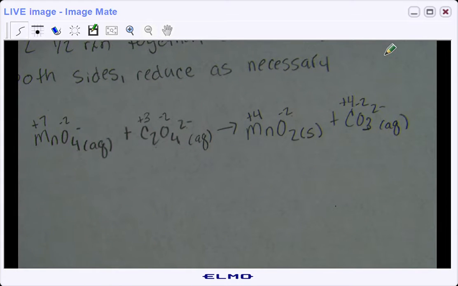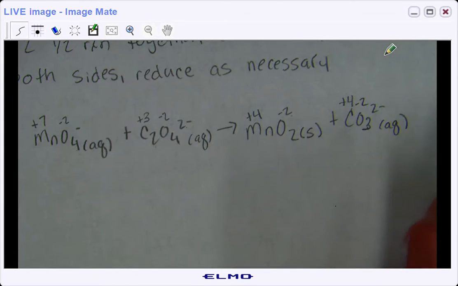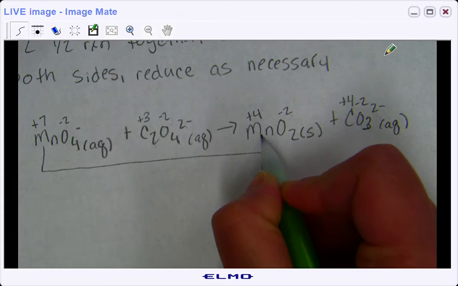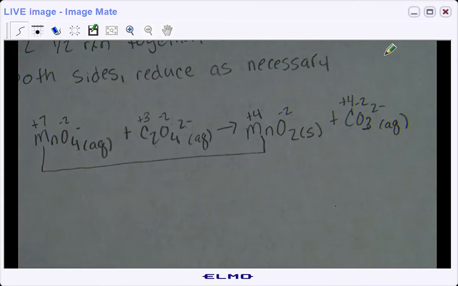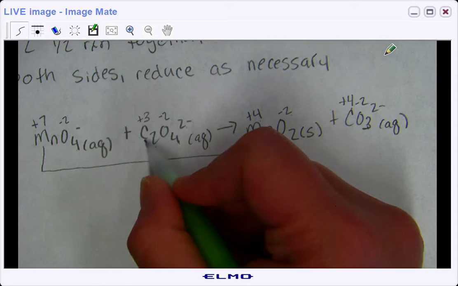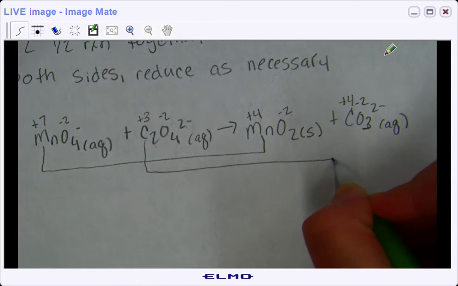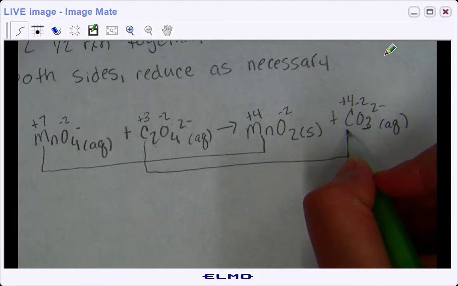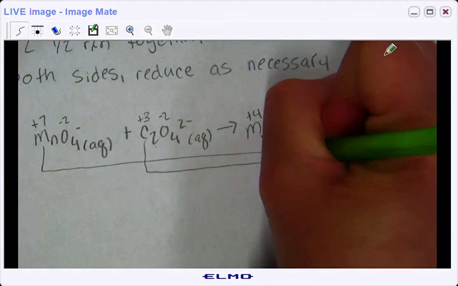All right, so my first step here after assigning oxidation numbers is to figure out where my electrons go, what's being lost and gained. So we notice here that manganese is becoming less positive or more negative, and carbon is going from a +3 to a +4. It is becoming more positive. It became more positive because it lost electrons.